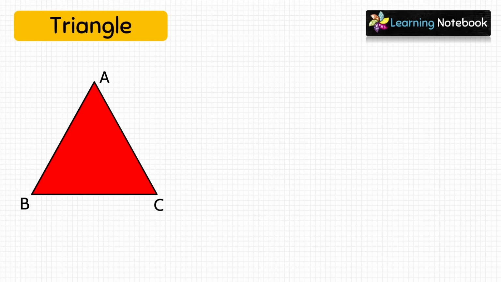A figure formed by 3 line segments is called a triangle. Look at this figure. It is formed by 3 line segments. So it is a triangle. We will call it as triangle ABC.